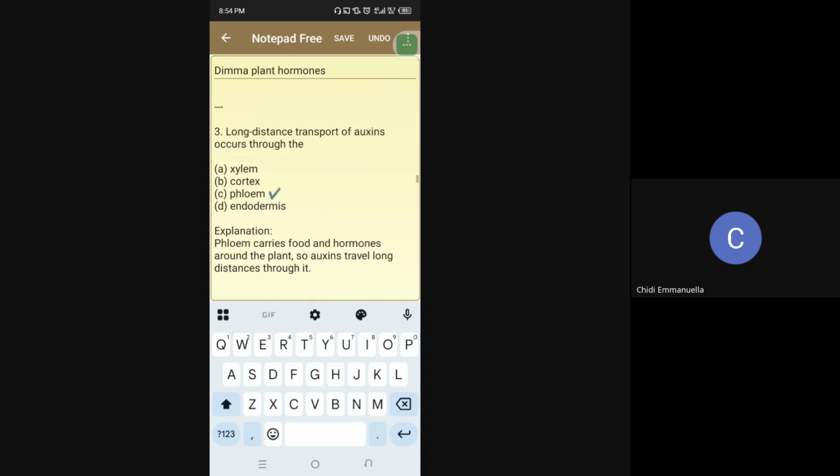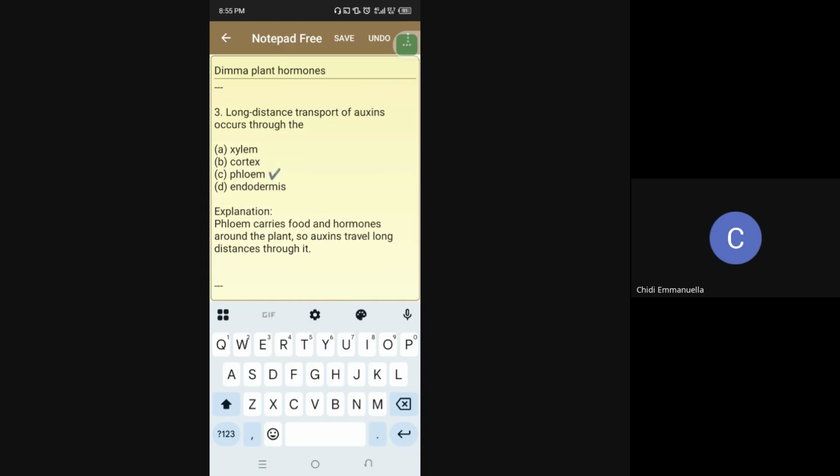Number three, long distance travel of auxins occurs through the phloem. Did you get this one? Yes, sir. For short distance, it occurs due to what?